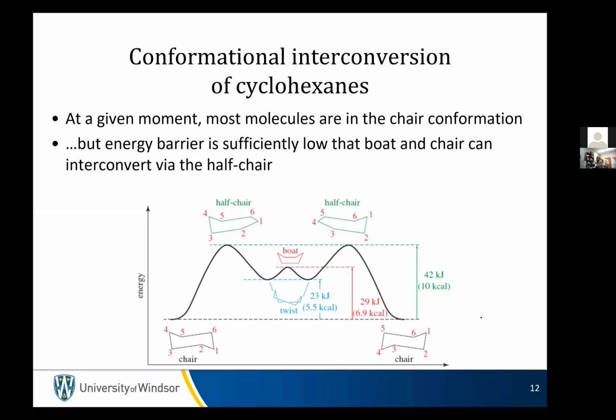That can fall down to that twist boat, which is a local minimum. Then we have another local maximum, which is the boat, and a local minimum for the twist chair, and then up to the half chair again, and all the way back down to the chair. These energy differences are 10 kilocalories per mole. There's enough energy at room temperature for these chairs to flip back and forwards quite readily. So these things do interconvert.